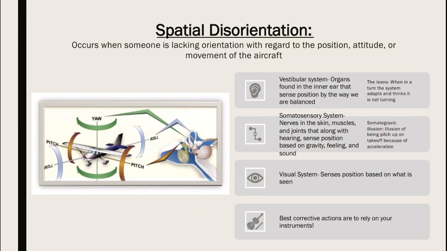All right, now spatial disorientation. This is the lack of orientation in regard to the position, attitude, or movement of the aircraft. And this is affecting different systems. We have the vestibular system that consists of the semicircular canals and the otolith organs.